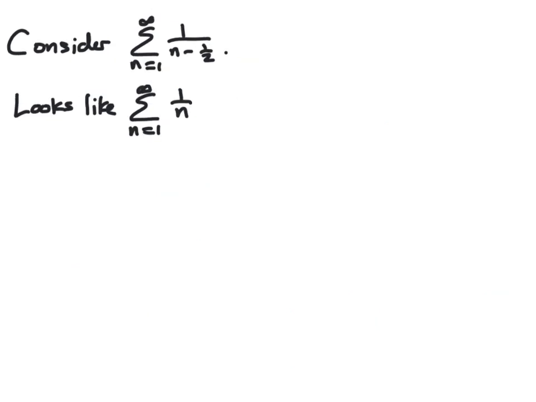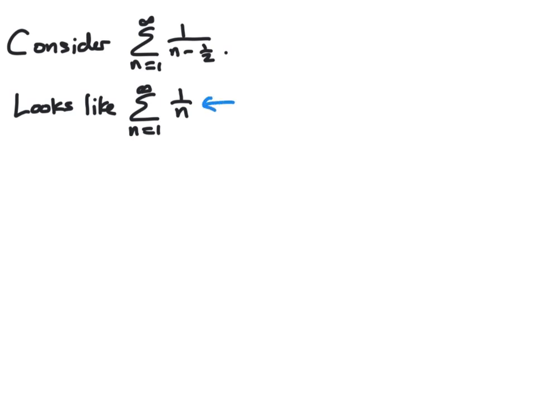To see the other side of the comparison test, let's consider the series n equal 1 to infinity of 1 over n minus 1/2. This looks pretty similar to the series n equal 1 to infinity of 1 over n. Just like in the previous example, these two series differ only by a constant being added or subtracted in the denominator.